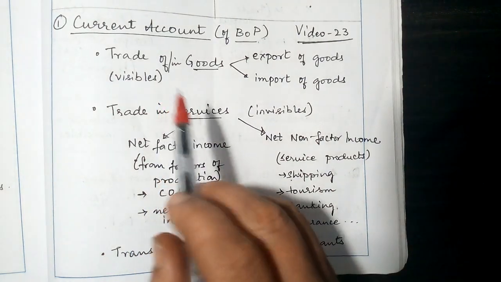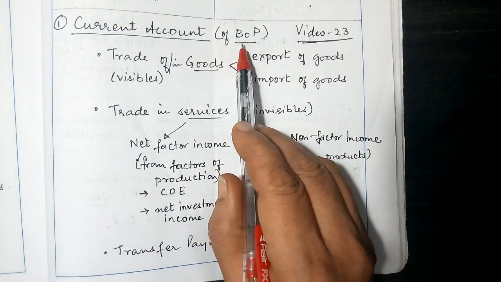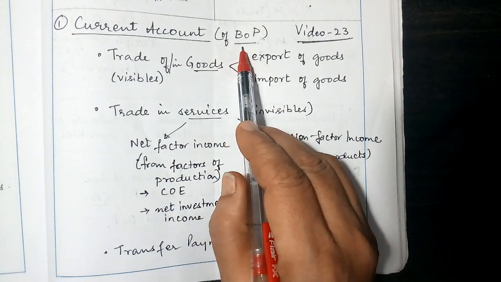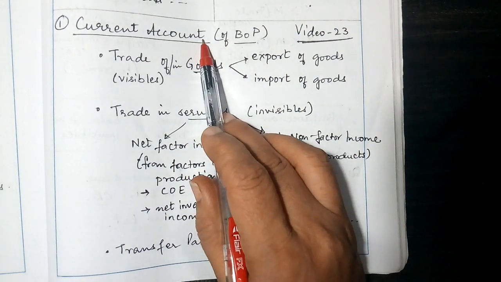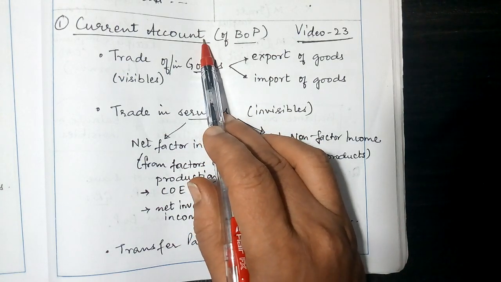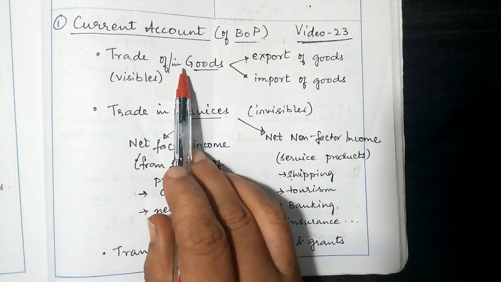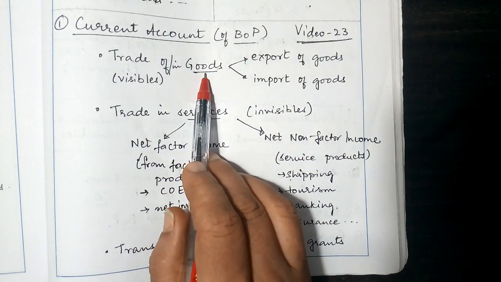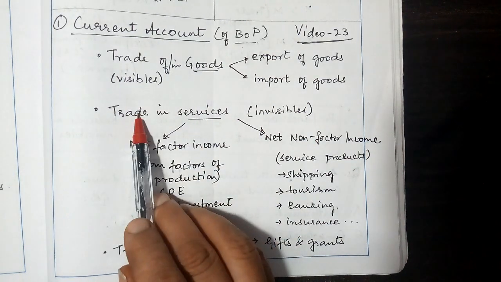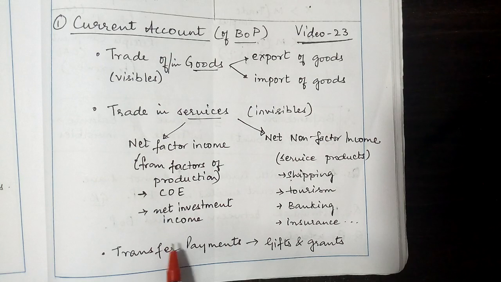Now in this video we are going to learn about what a current account of balance of payment is. This current account has two components. One, trade in goods, trade in services, and the last one is transfer payments.